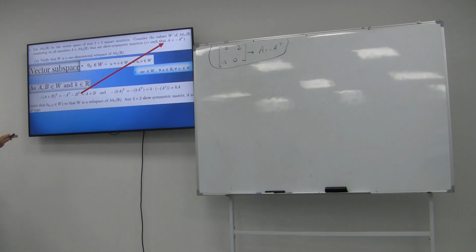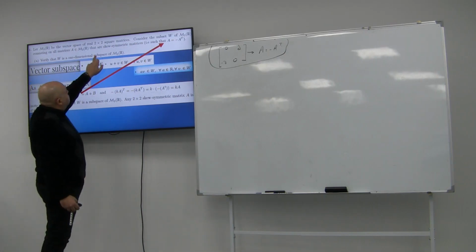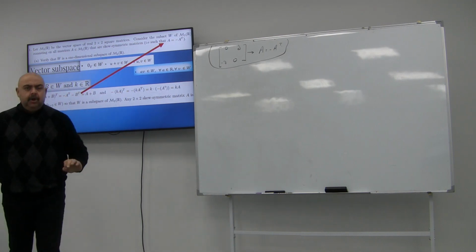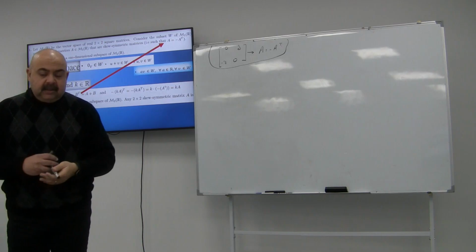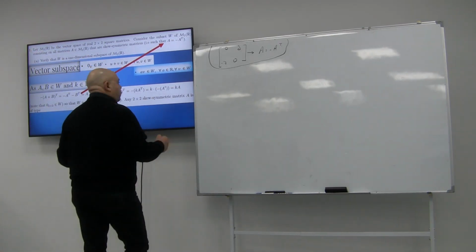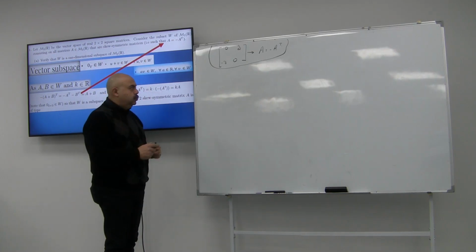What I did for the time being is check that it is a subspace of M2. Now we have proved that the skew symmetric matrices are a subspace of the vector space of 2 by 2 matrices.